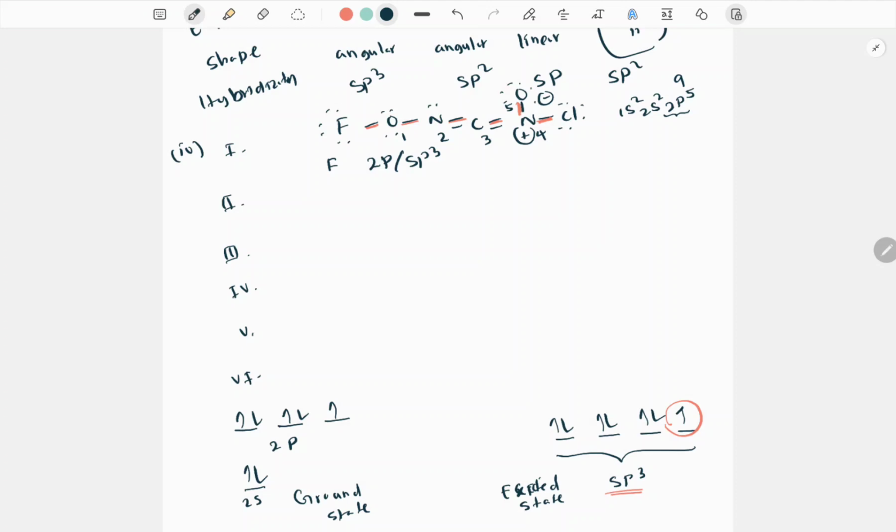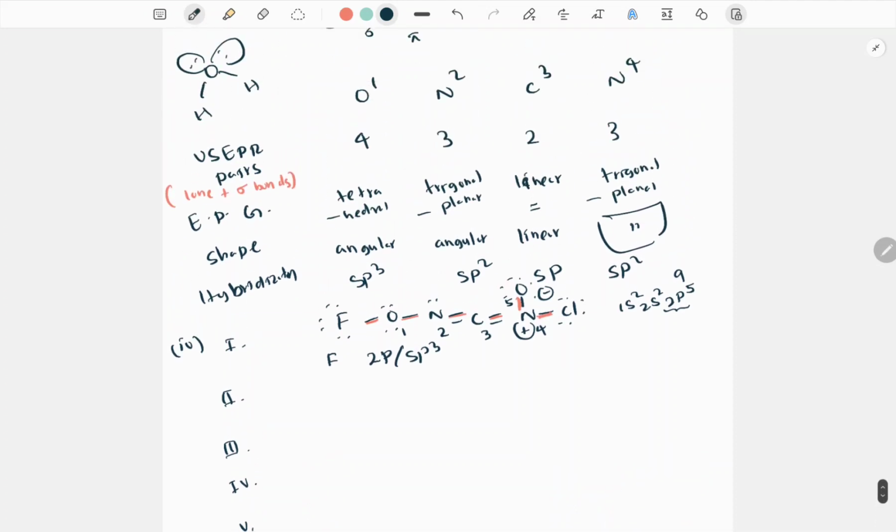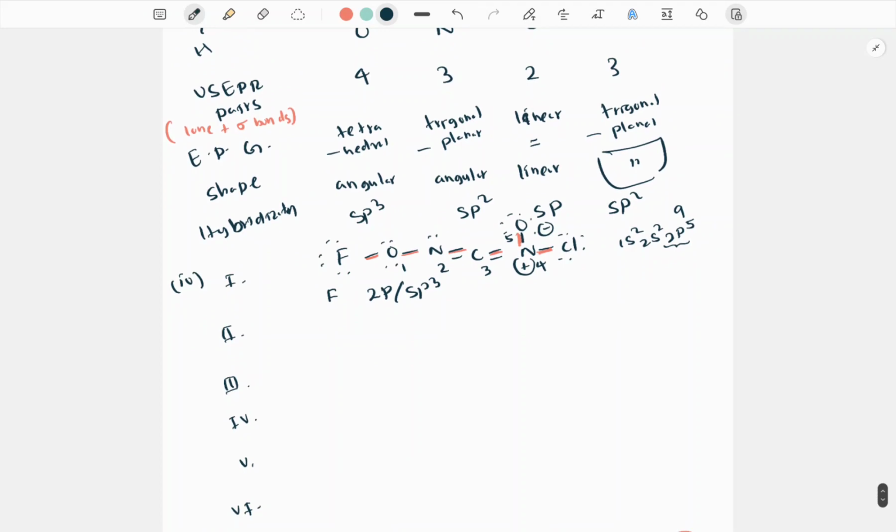From this explanation you could understand oxygen is of course a hybridized one. Now atomic orbitals are only given for the peripheral atoms, not the central one. Therefore this oxygen will be a hybridized orbital, not an atomic one.